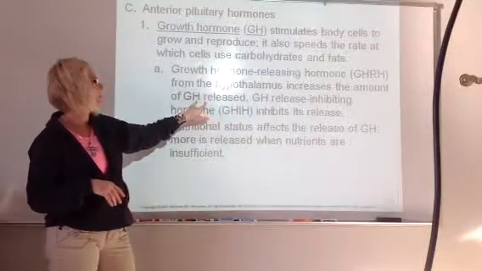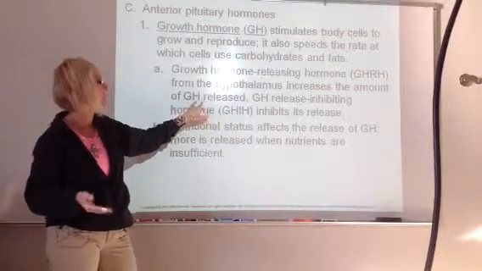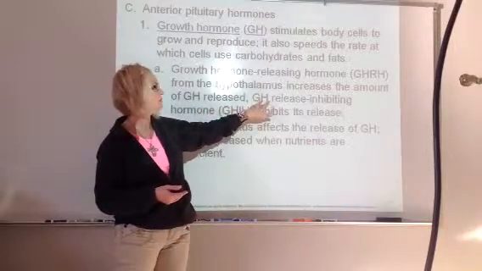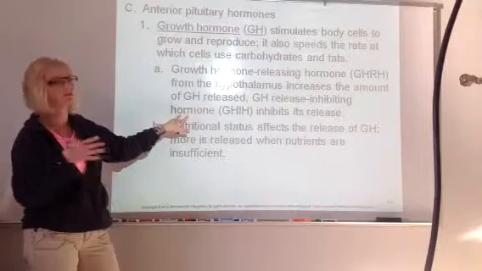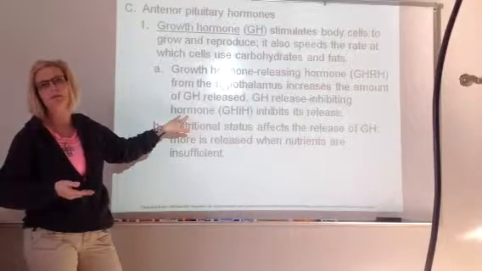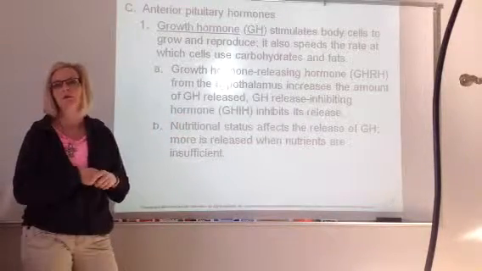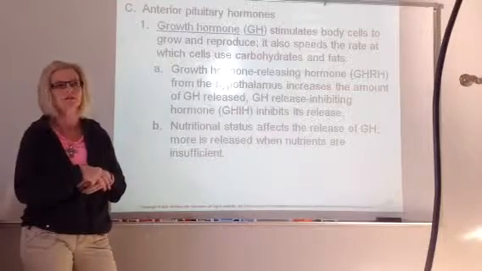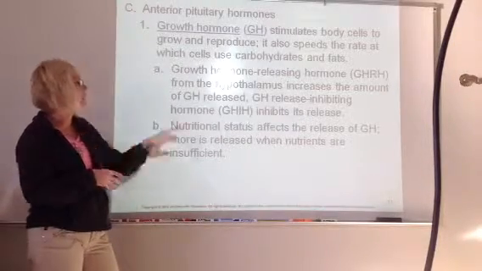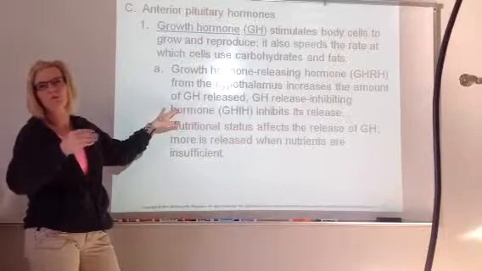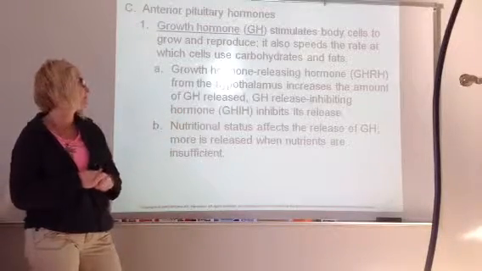So then growth hormone is released, and then eventually there's a growth hormone inhibiting hormone that's going to slow down the release. Which by the time a lot of you that are seniors, you're probably done with your growth spurt, possibly. So your growth hormone will lower quite a bit.